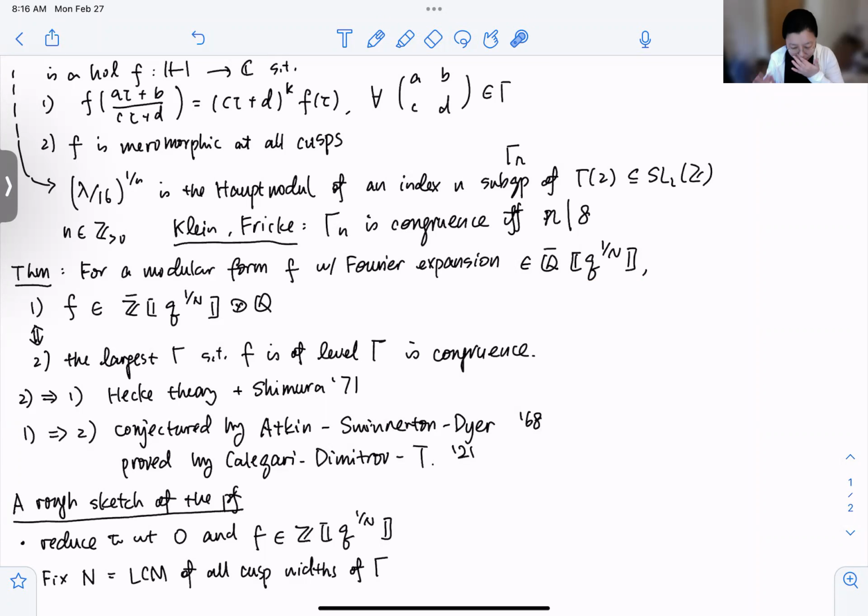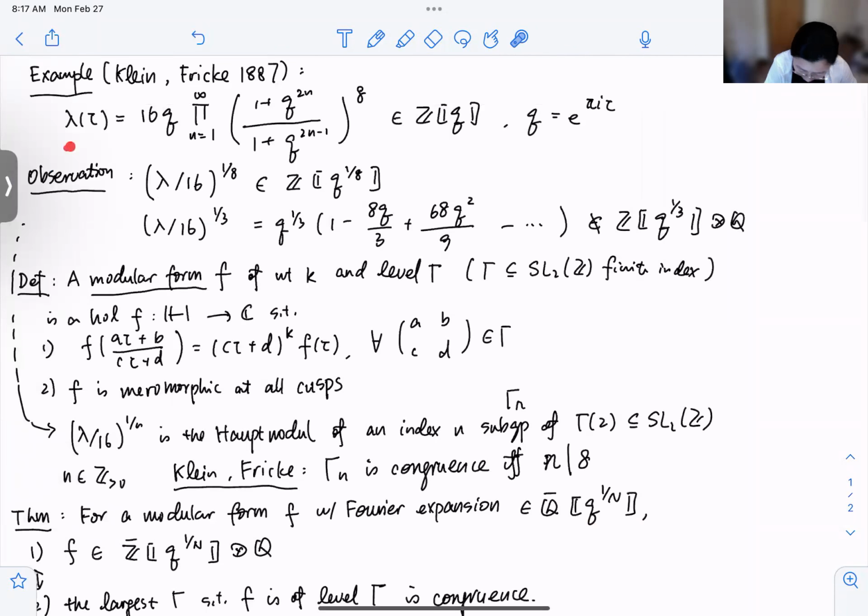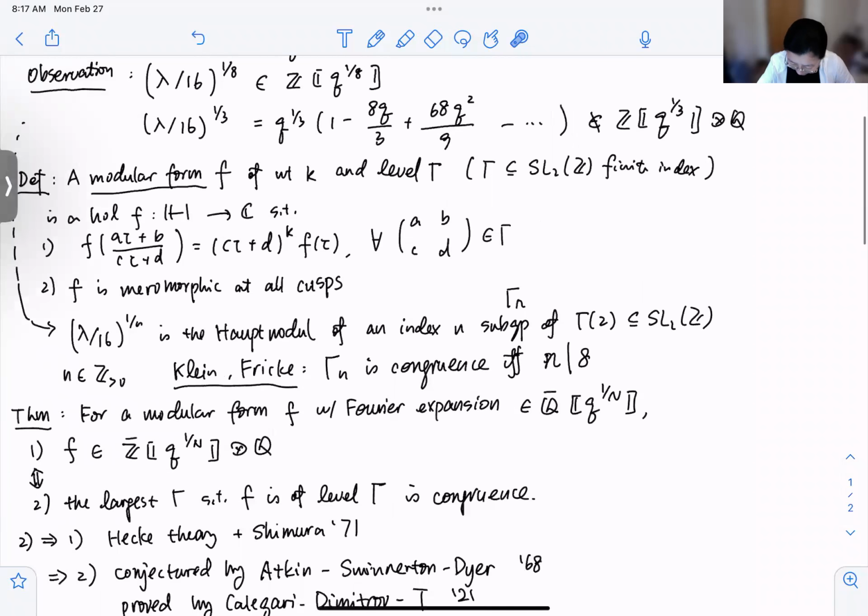But it really doesn't matter, as you can always use the lambda function to adjust. The lambda function would at worst introduce extra poles at some other cusps, but multiplying by a lambda function doesn't change whether it has bounded denominators or not in the Fourier expansion.